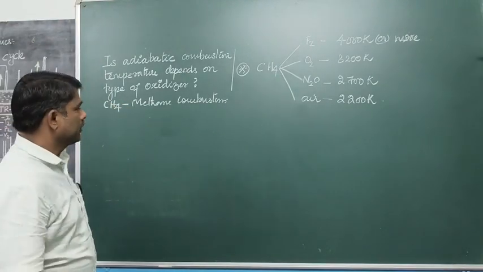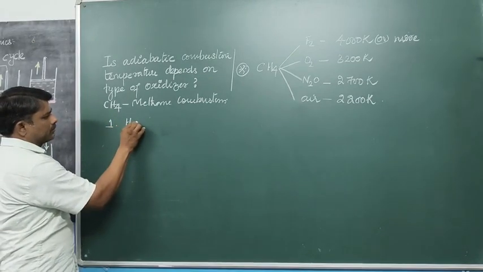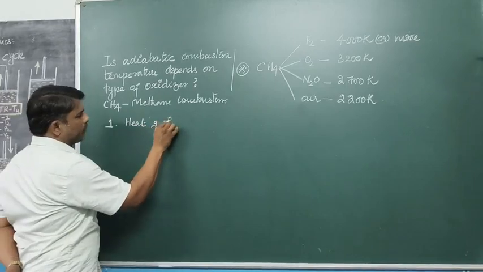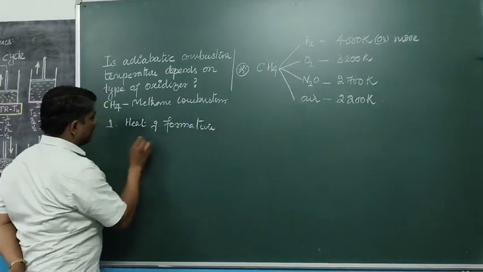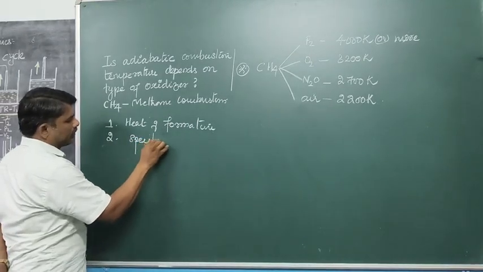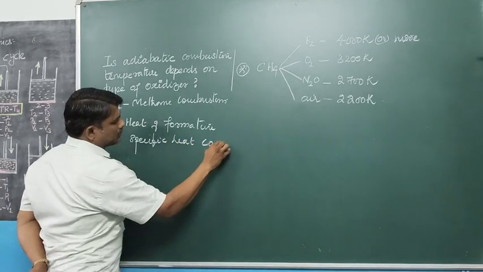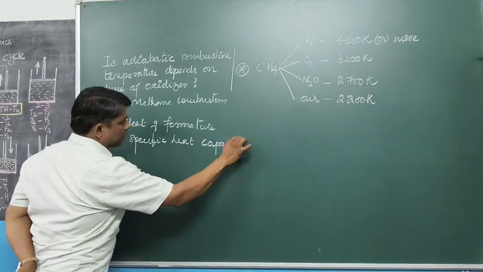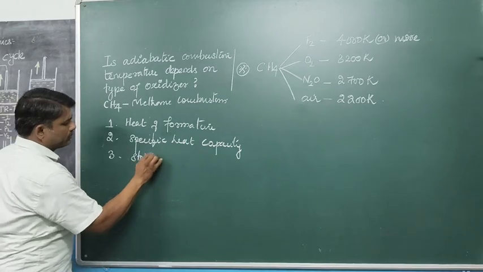Because it depends on four important points. One is heat of formation. Second point, specific heat capacity. And third point, stoichiometric balance, stoichiometric ratio.